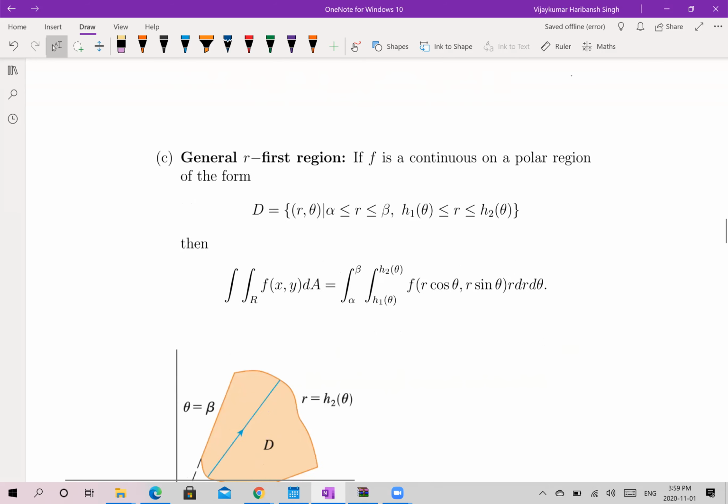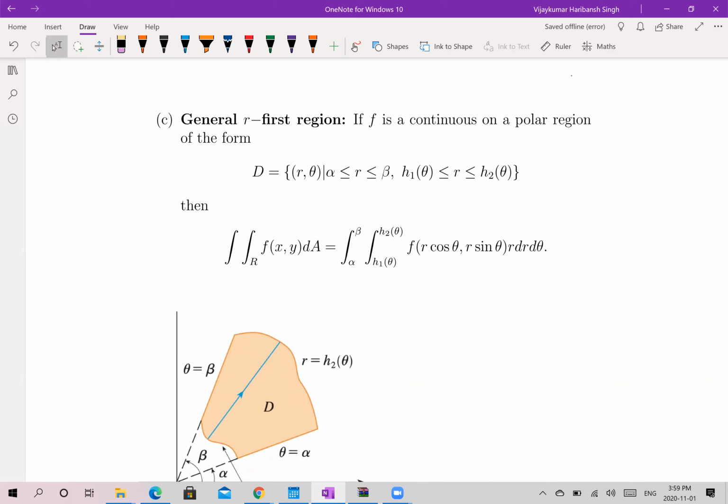Now, note the success we had in general regions. Recall, we started this story with the double integral over rectangles, and then we went on to general regions, x first and y first regions. So the same thing we can do for polar coordinates as well. So we have what is called a general r first region.